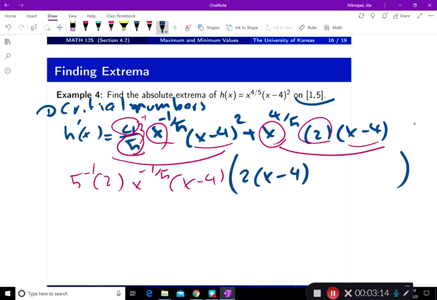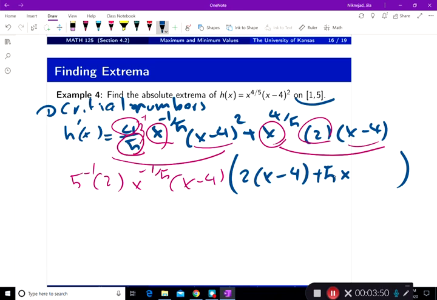And out of the second one, I factored the 2, I factored x minus 4, and I also factored 5 to the power -1. That means I have to divide this by 5 to the power -1, which gives me a 5. And x to the power 4/5 was divided by x to the power -1/5, so x to the power -1/5 comes to the top and multiplies there, and I get x.